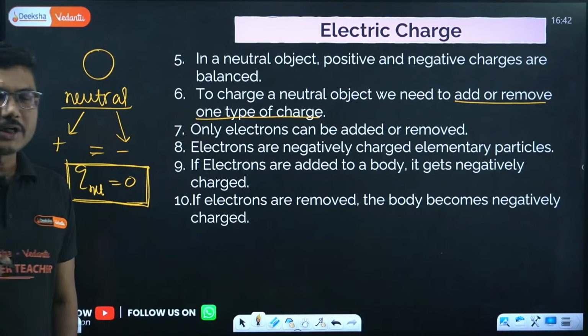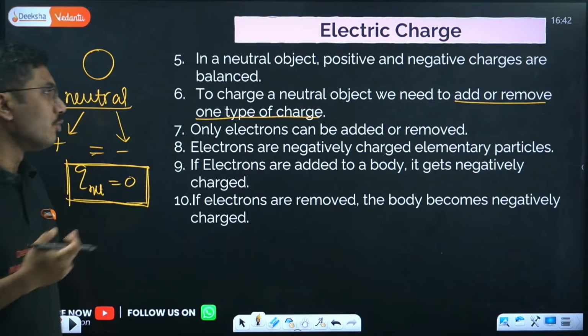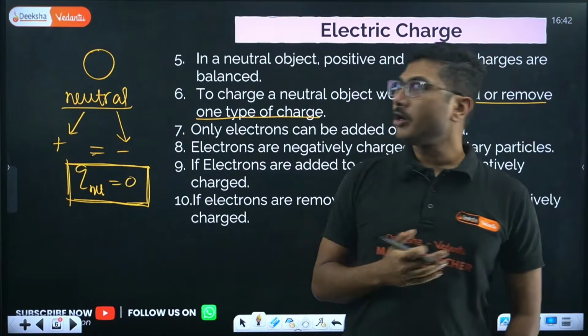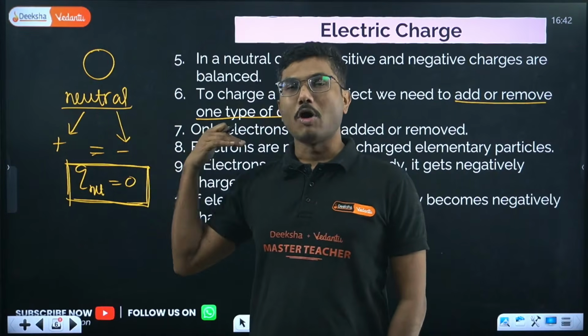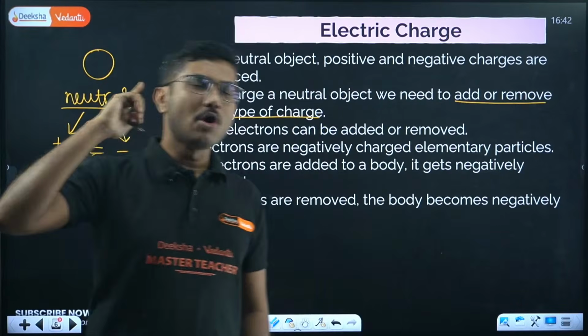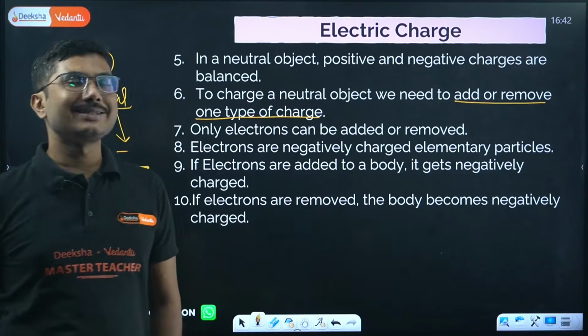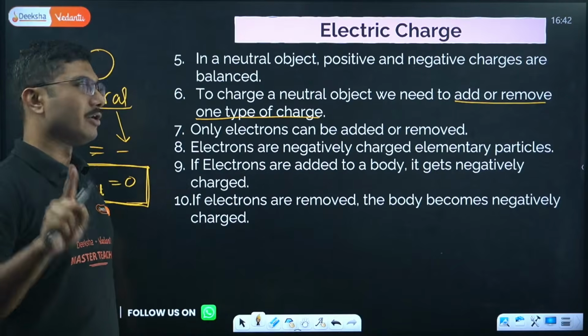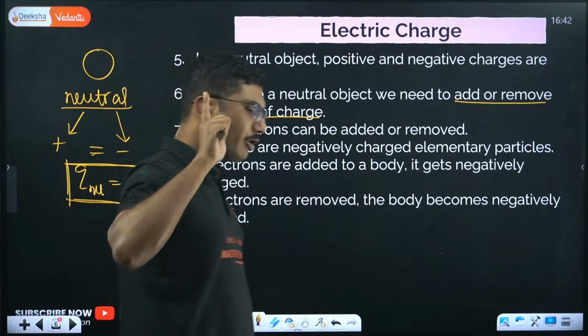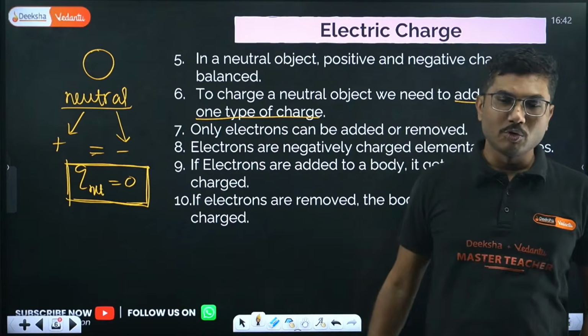You cannot remove or add both types of charges. You can either remove or add one type of charge. That charge is the electron. Only electrons can be added or removed.